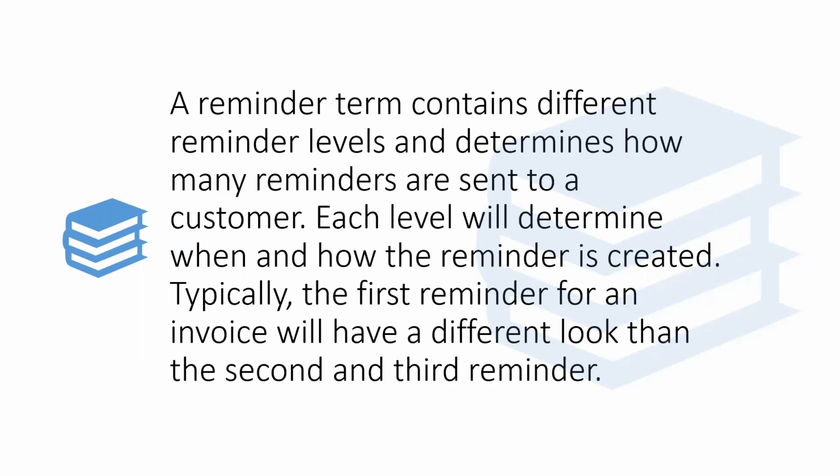Typically, the first reminder for an invoice will have a different look than the second and the third reminder. So what we are saying here is that we might apply different levels, and we can remind our customers not only once, but you can determine, for instance, how often you want to send a reminder. You might have different overdue invoices.